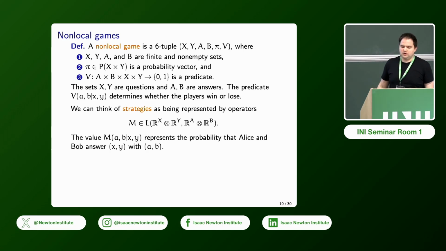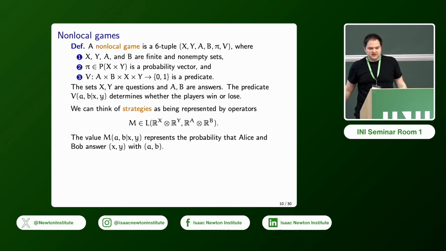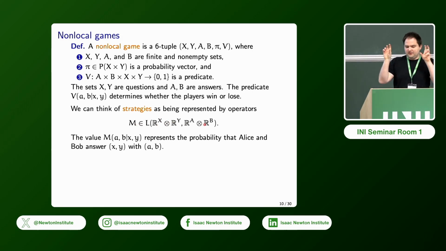Now, to think about the NPA hierarchy, it's good to think about the strategies being represented as matrices. We can encode a strategy into a matrix, which is a linear operator from this kind of space to this kind of space. Formally the matrix is indexed by two-tuples, but it's usually denoted like this to mimic the notation for the predicate.